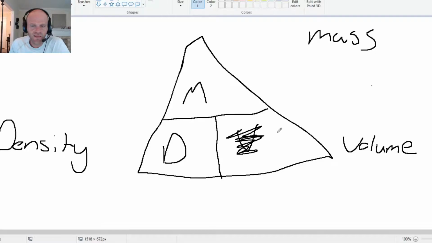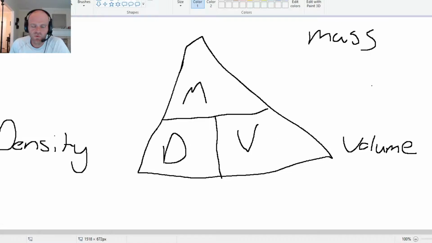Okay, and that would be the volume in liters or milliliters, whichever the density is expressed in, grams per milliliter might be. That's what you would express your volume as. And vice versa, you would express mass in grams if your density was given in grams per milliliter.